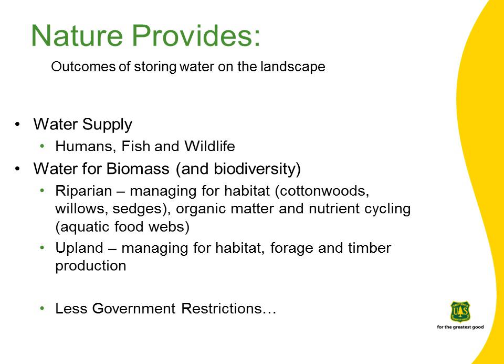Nutrient cycling also dominates aquatic food webs and helps to grow fish quick, and supports many different aquatic bugs through biodiversity. In the uplands, water retention helps grow trees, forage, and shrubs that help sustain society and wildlife.